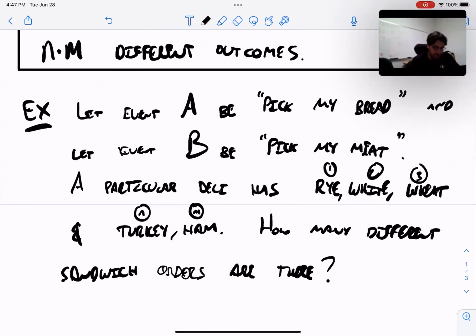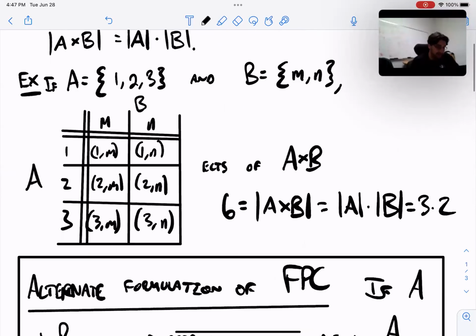So you could draw out exactly the same table, but now each cell in the table corresponds to selling a sandwich, or buying a sandwich, I guess is how I framed it here. Yeah, each cell in the table corresponds to a sandwich order, right?